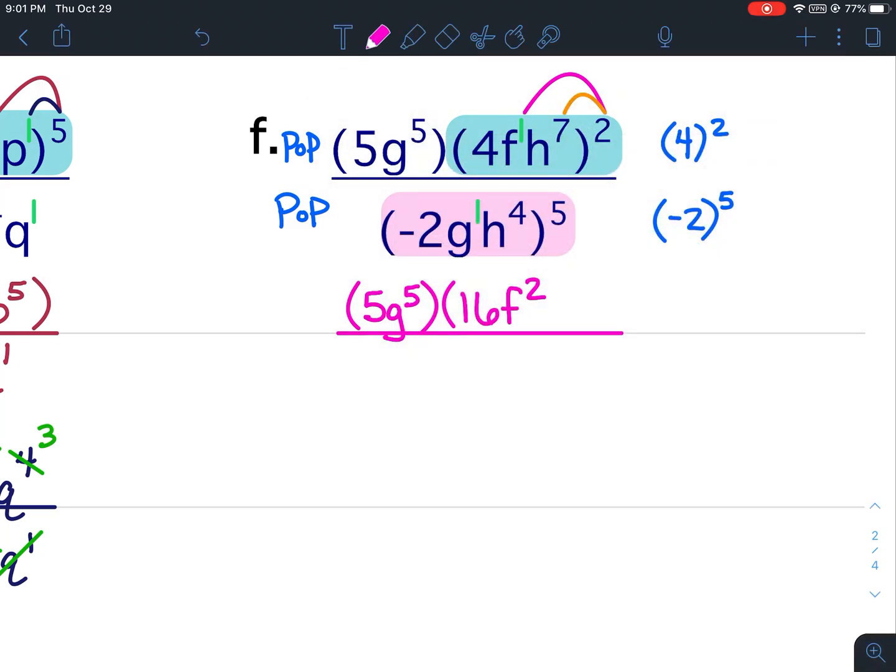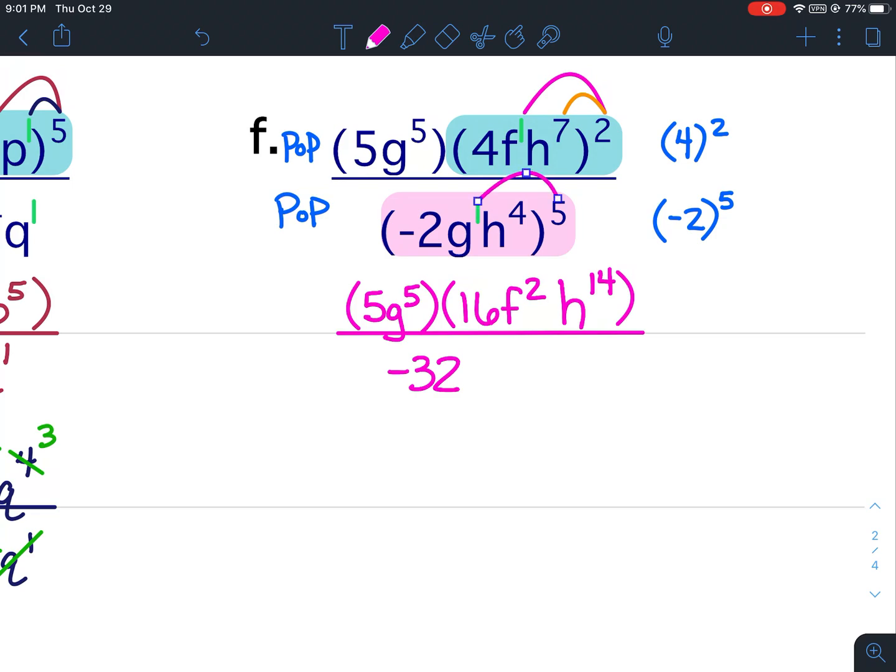Seven times 2 would give me h to the 14th. On the bottom, negative 2 to the fifth is negative 32. I don't need parentheses down here because this is the only thing that's on the bottom.